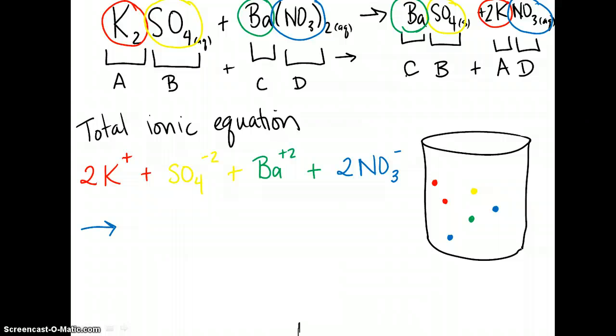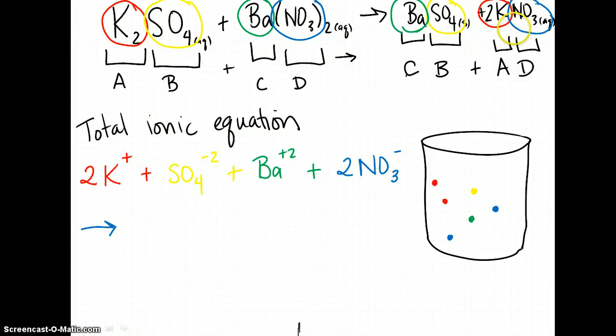So I am going to check if any of these things can perhaps become solid. And I look and I say, oh, okay, I have a sulfate here. If I look at my table, it looks like it's in the insoluble compounds section. It should be insoluble, but when you look at the exceptions, you notice that if it's matched with barium, it should become a solid. So that's the one that's going to be a solid for sure.